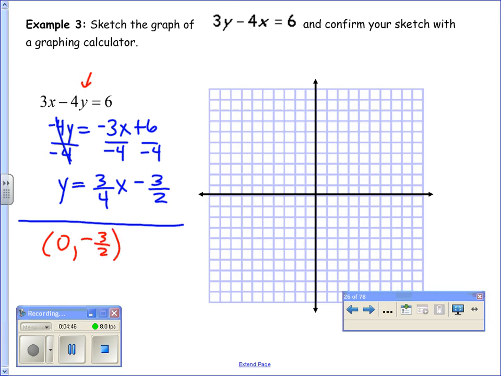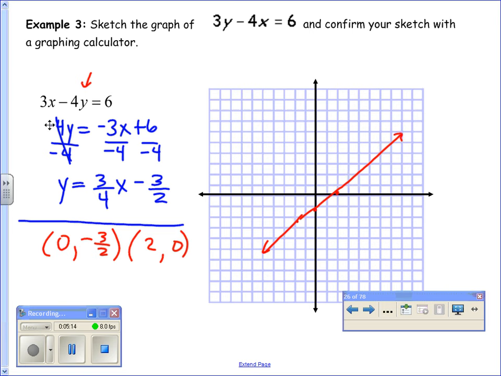So still sort of not great. So let's plot that one, and then if I plug in 0 for y, I'm going to get x is equal to 2. So if we plot those 2 points, the point (2, 0) and the point (0, -3/2) is here. And it looks like the graph of our line is going to look something like this.